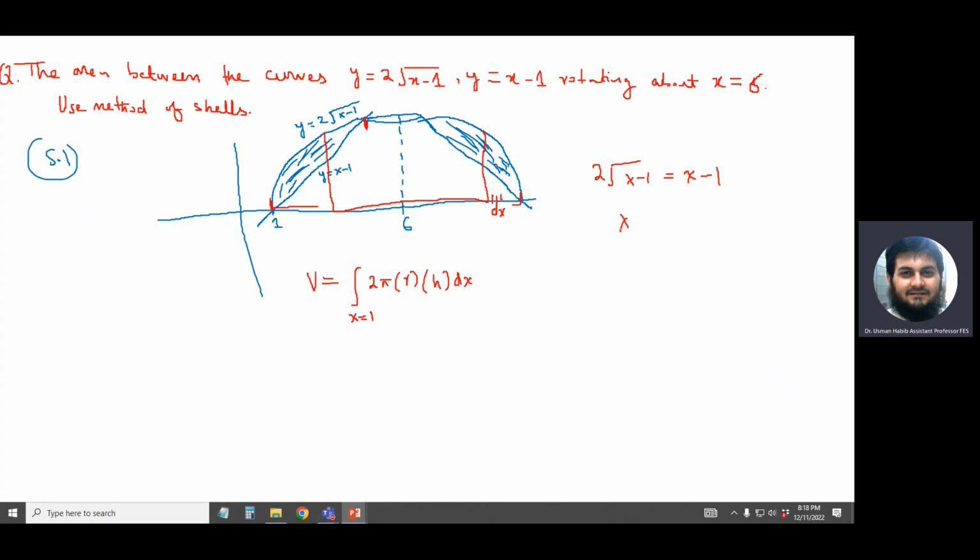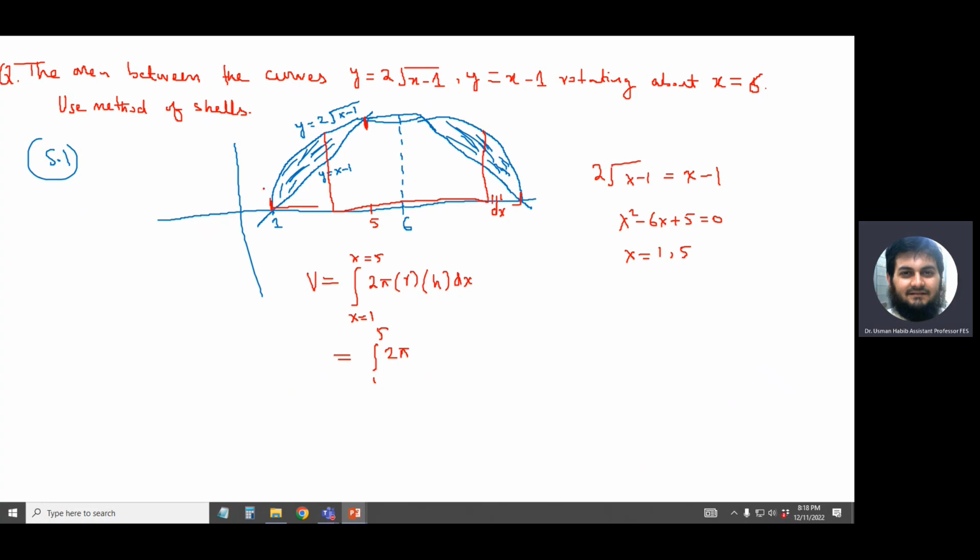This results in a quadratic equation of x squared minus 6x plus 5 equals 0. If you solve that quadratic equation, you're going to get two roots, 1 and 5. That means that at x equals 1, they're going to intersect with each other, and the next point of intersection is x equals 5, where they stop. So this is x equals 5. We are going from 1 to 5, times 2 pi.